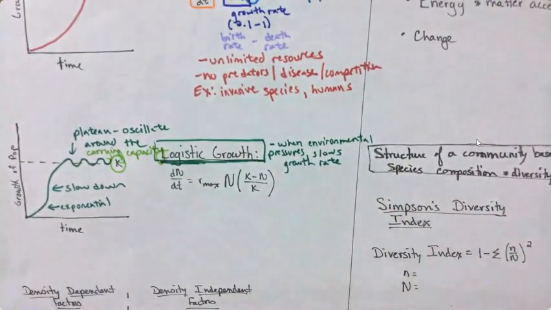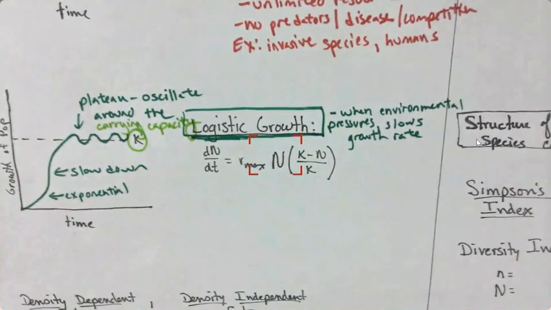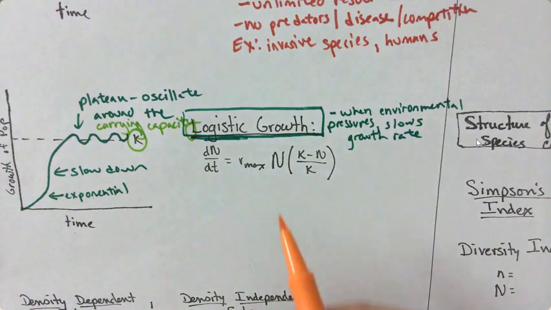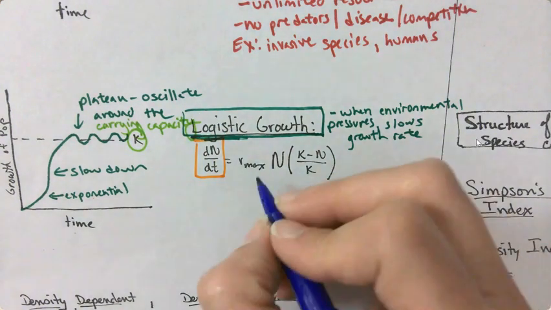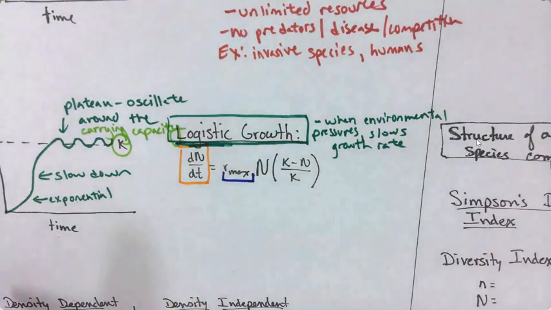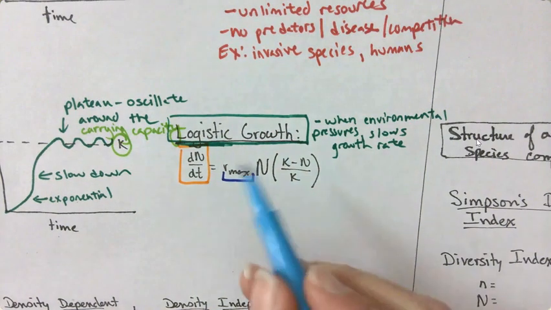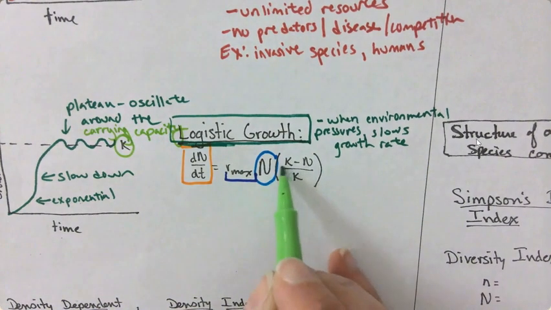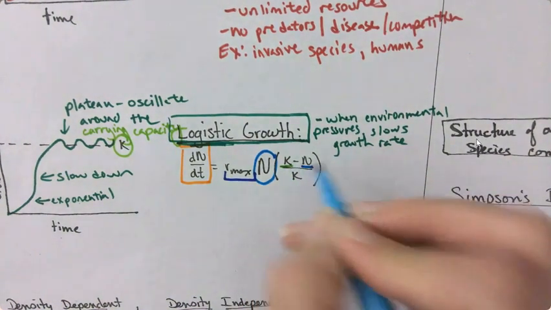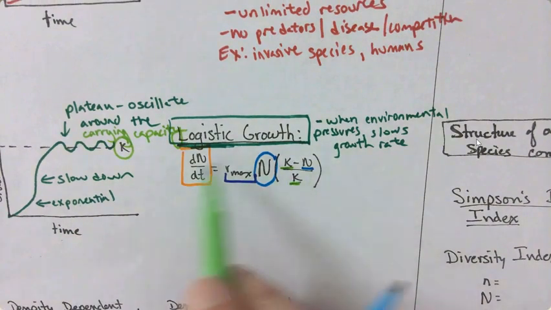So when you look over here at the equation for logistic growth, you have to take into account the carrying capacity. And as you get close to carrying capacity, growth slows a lot. Again, we start with population growth over here. We have R max, which is the growth rate, times the total number of individuals in the population, or N. And then this is when we take into account carrying capacity. We have carrying capacity minus the total number of individuals, over carrying capacity, times all of this.